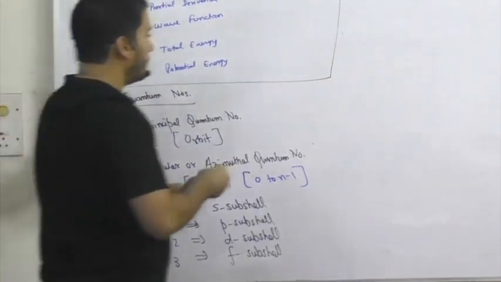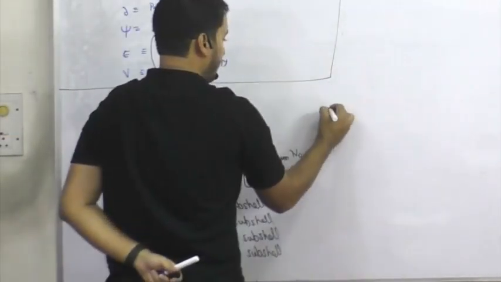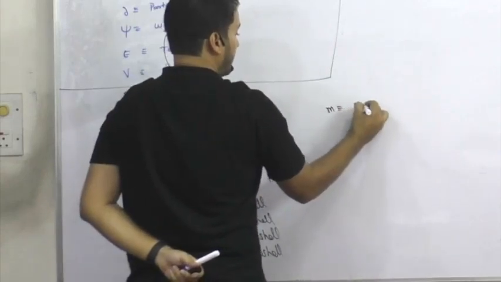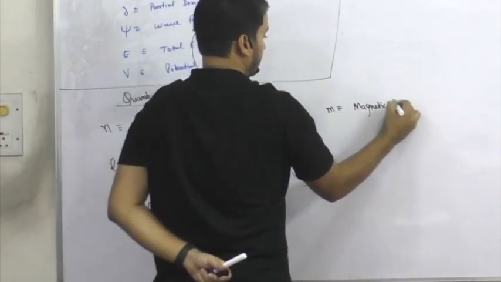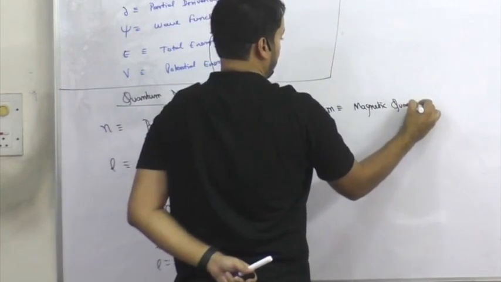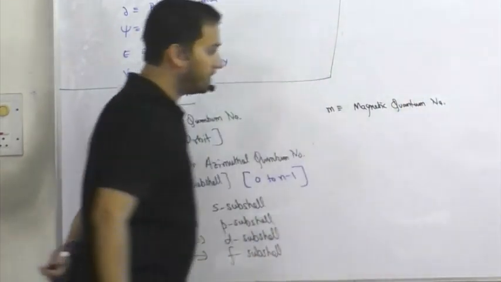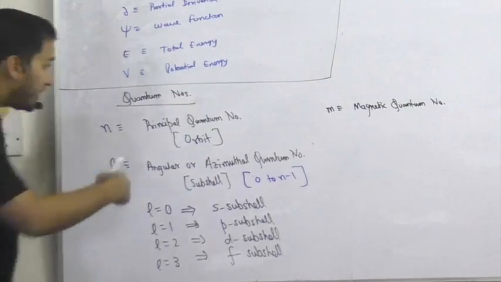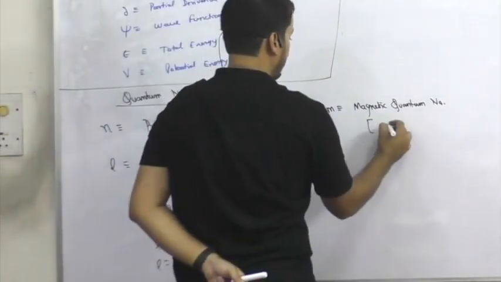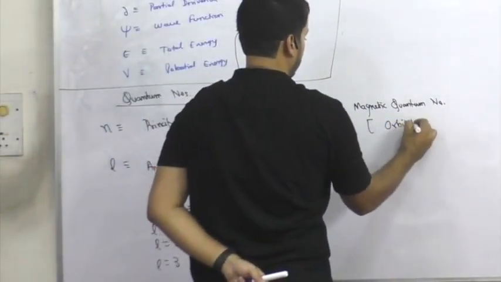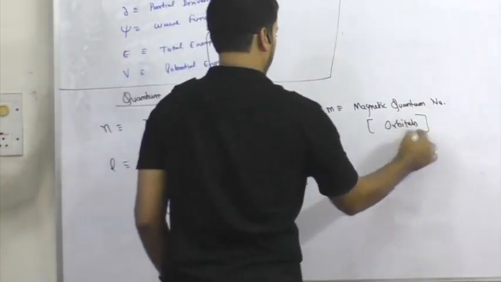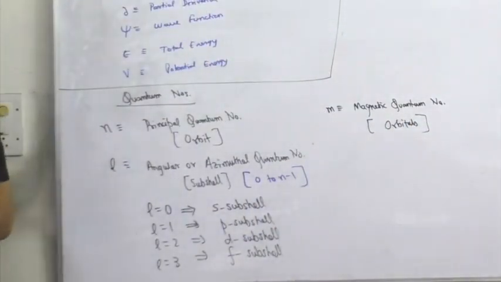The third quantum number is M. This is known as the magnetic quantum number. This represents orbitals.